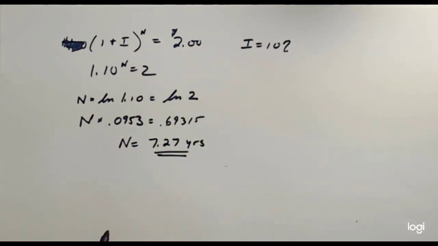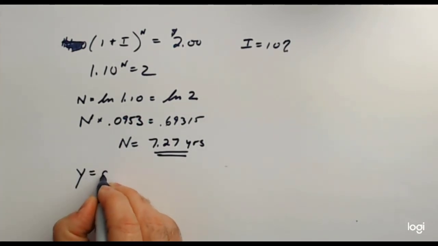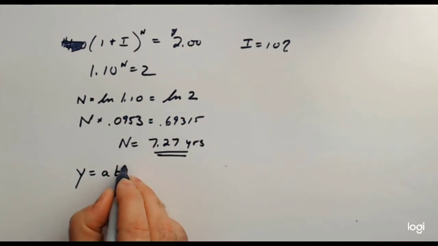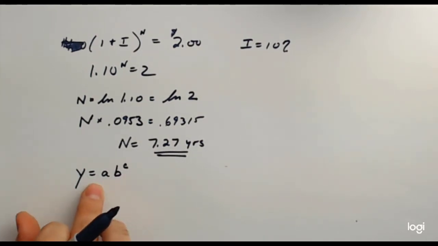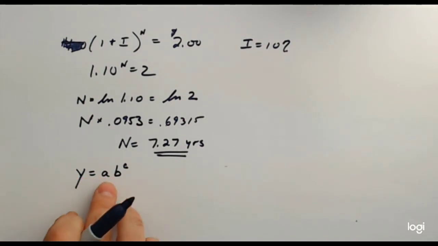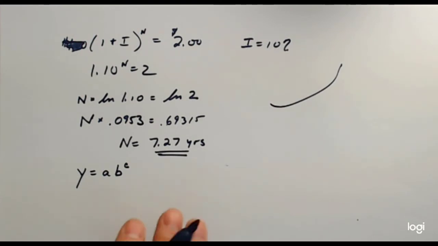There's a little bit to it with natural logs. If you're not familiar with natural logs, if you have y equals a times b to the c power, what's cool about natural logs is it'll linearize this, because this would be non-linear, it'd be curving this way if you had positive numbers.